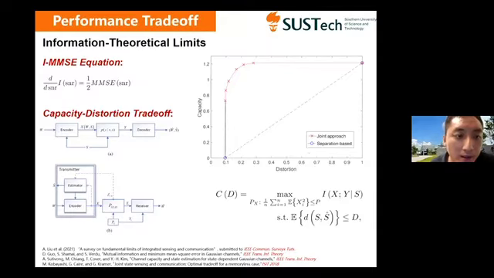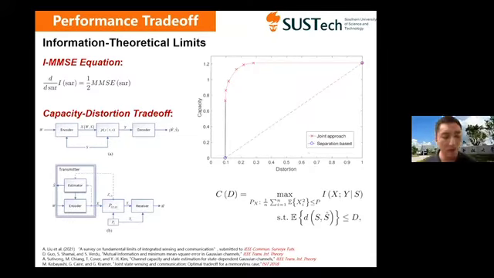Consider a channel with an input and an output. You measure the mutual information between input and output, and you can also recover the input from the output, so there is an MMSE here. This equation elegantly connects the basic metrics in information theory and estimation theory. You can see the derivative of mutual information is half of the minimum MSE, both as functions of SNR.